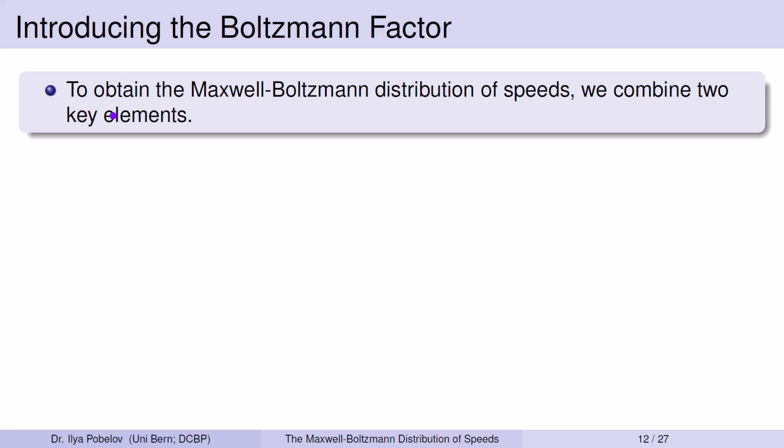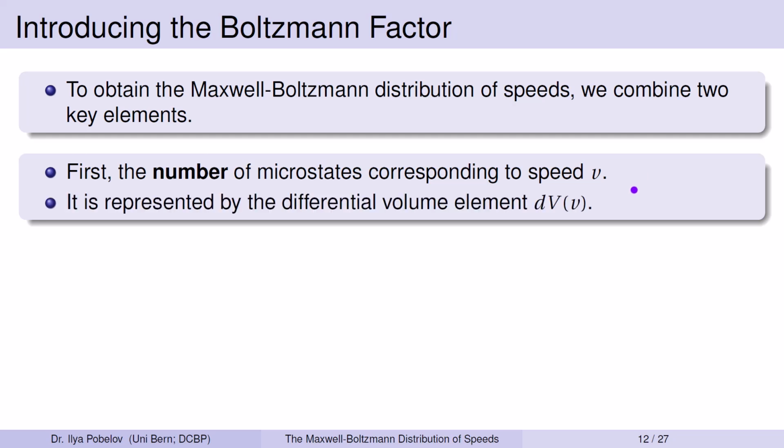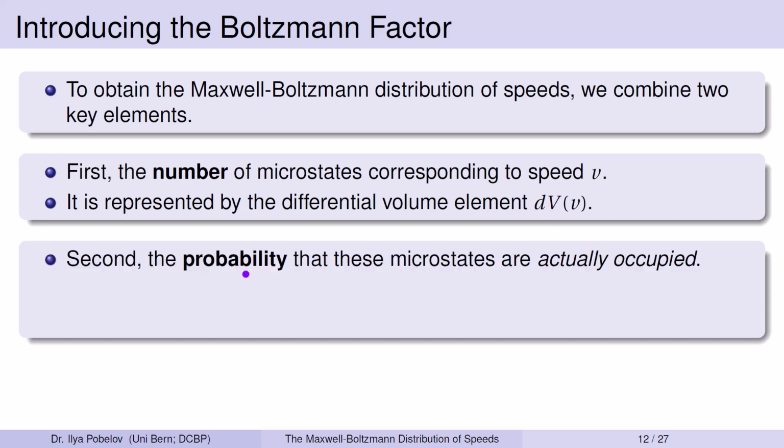To obtain the Maxwell-Boltzmann distribution of speeds, we combine two key elements. First, the number of microstates corresponding to speed v. It is represented by the differential volume element capital dV. Second, the probability that these microstates are actually occupied.